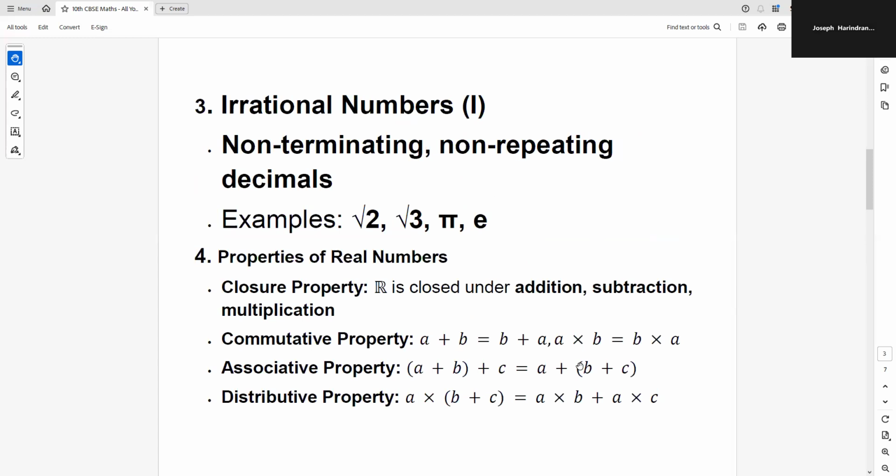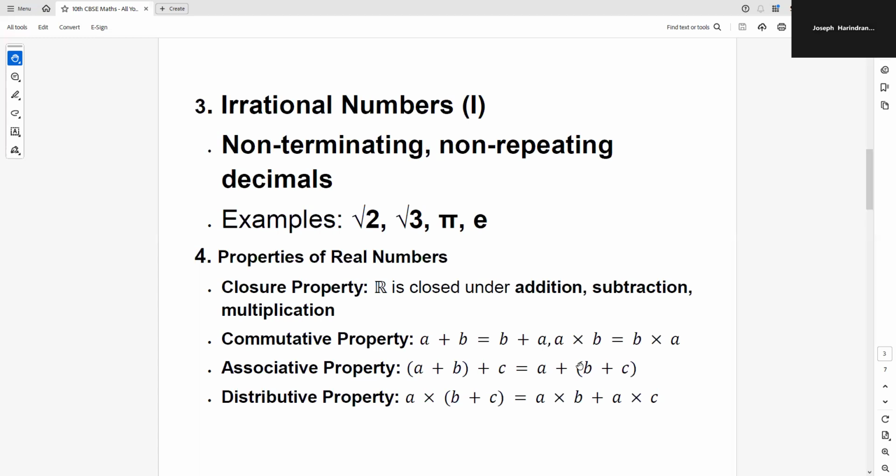Square root of 2, square root of 3, root 2, root 3, root 5, root 7, etc. All the square roots of prime numbers are irrational. And the letter pi. The quantity pi is often used for calculations related to circles, and also some surface areas and volumes.